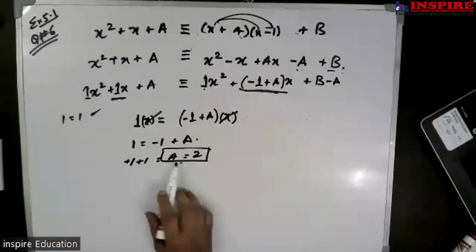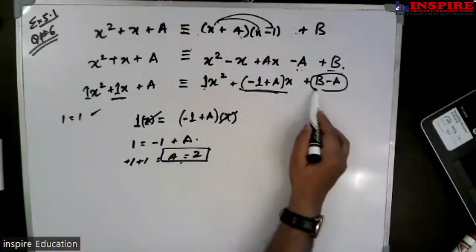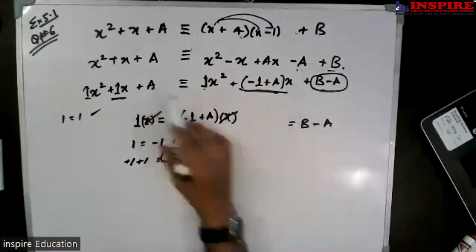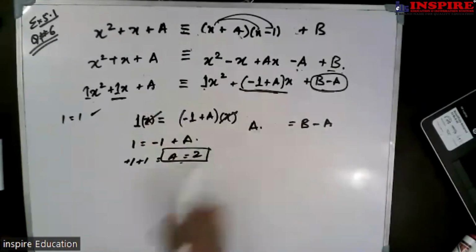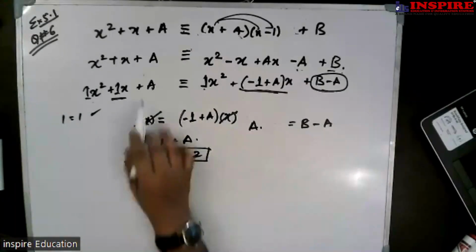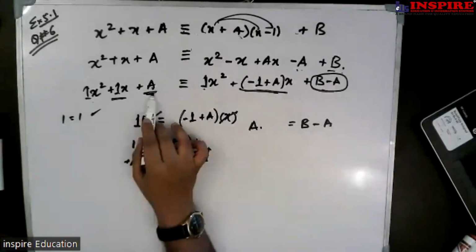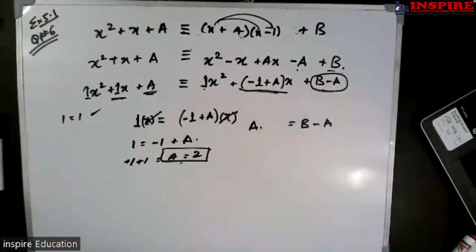Once I got my a is equal to 2, I do this comparison now. b minus a should be equal to a. Can you see the constant? What's the constant on the left side? A. What's the constant on the right side?